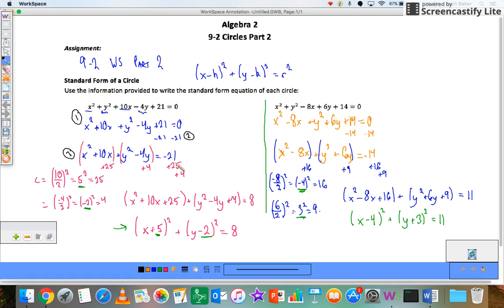And make sure, this is a very common mistake, that you're adding to both sides. We want to keep that entirely even. And then we get right here to step 4. So we have this nice long equation where the square has been completed. And then finally, for step 5, we have our equation.